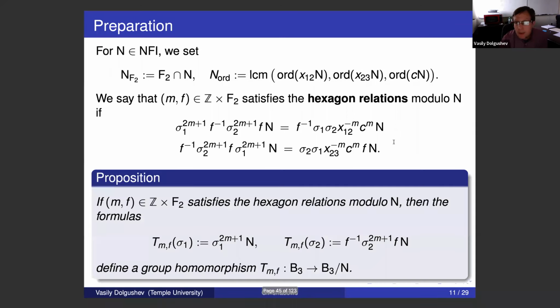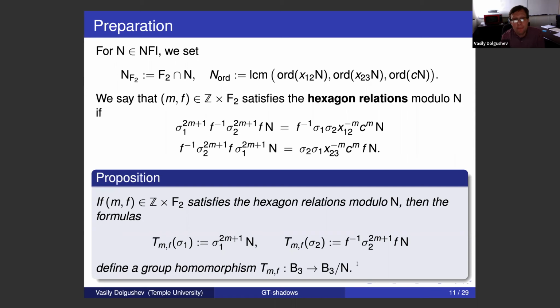What's going on? Here is a motivation. There are more motivations, but let me mention just one: if a pair (M, f) satisfies the hexagon relations modulo N, then these formulas define a group homomorphism from B3 to B3 quotient by N.